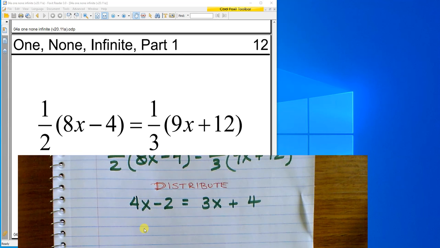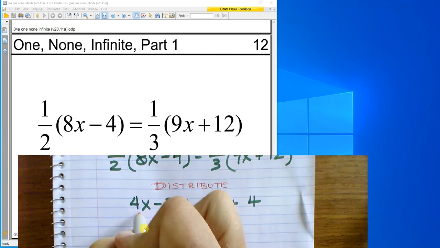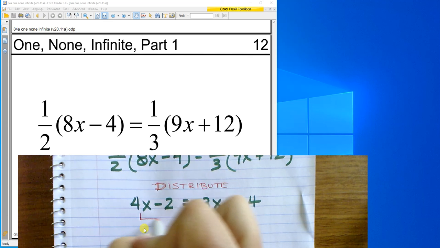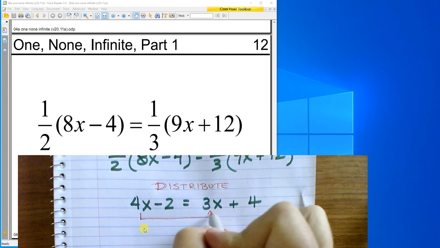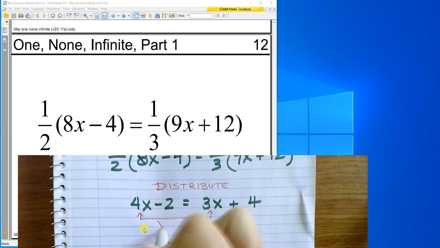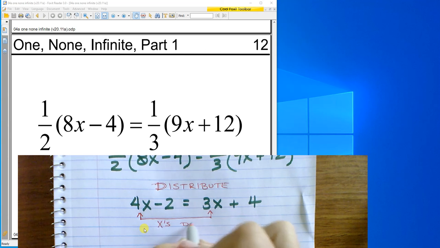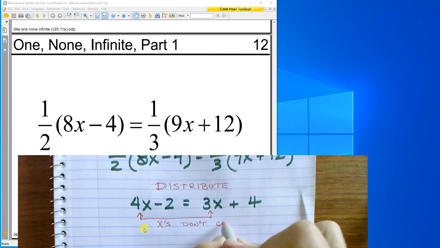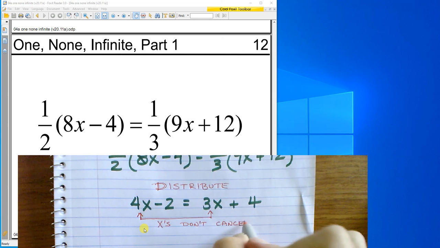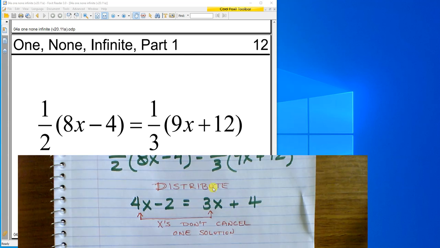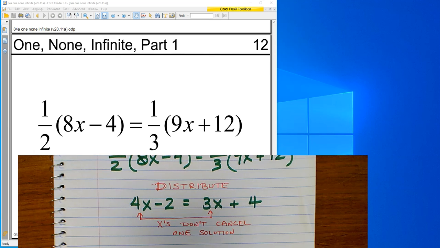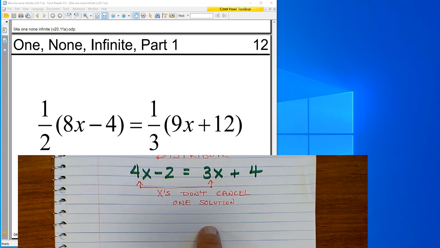But we're not going to stop there because now we know how to solve this. So normally we would just stop right here and say one solution and be done. But we're really going to solve it.